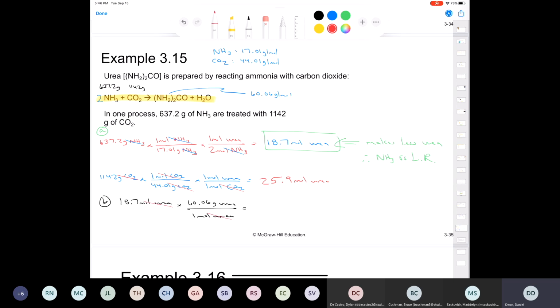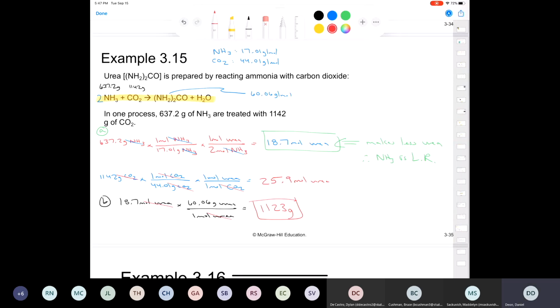I take 18.7, I multiply it by 60.06, and I end up with 1,123. Now, technically, I can report this to 4 sig figs. In fact, I should have had 4 sig figs all along. Whoopsie doodle. I should have 4 sig figs here and 4 sig figs here, shouldn't I? Anyhow, I digress. Let's move on, and we'll just say that you end up with 1,123 grams like this.